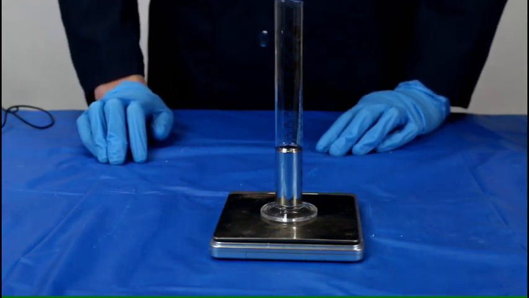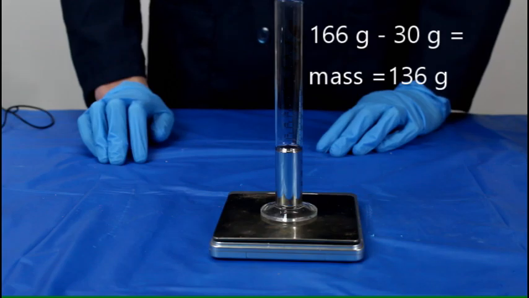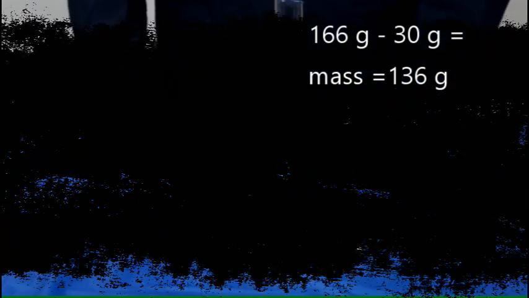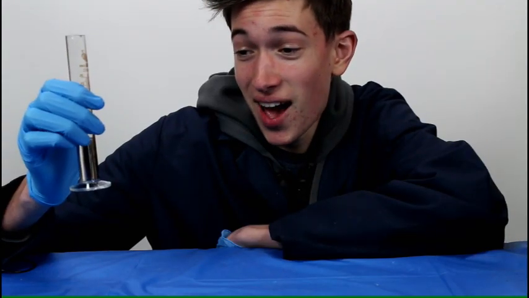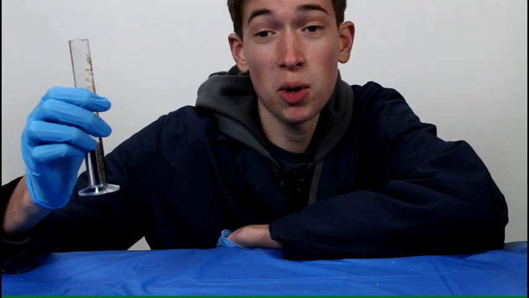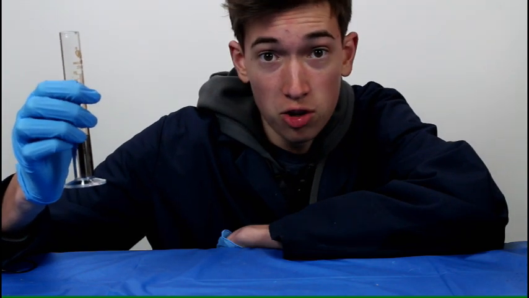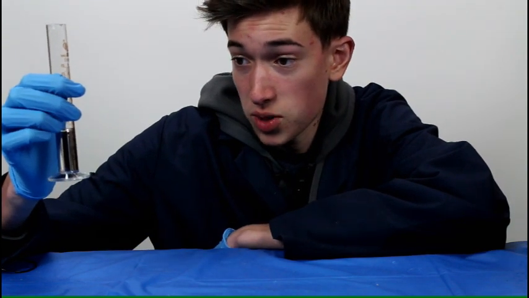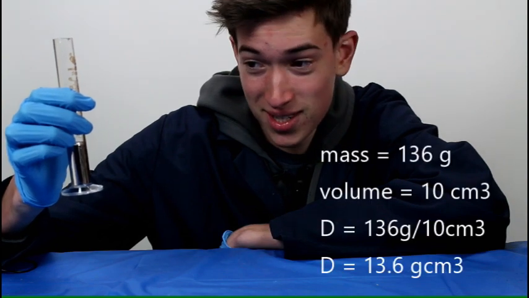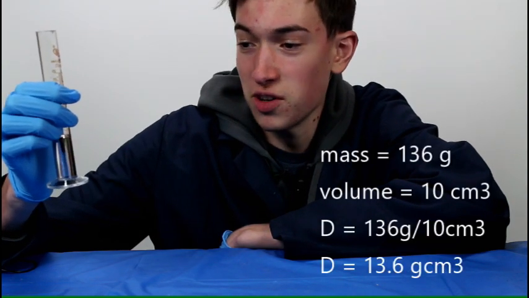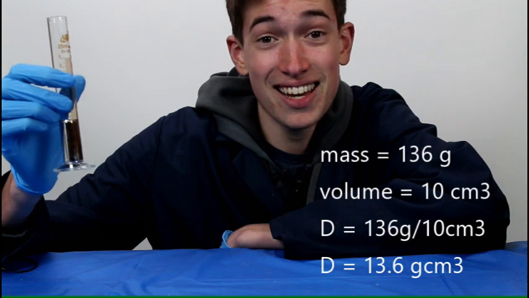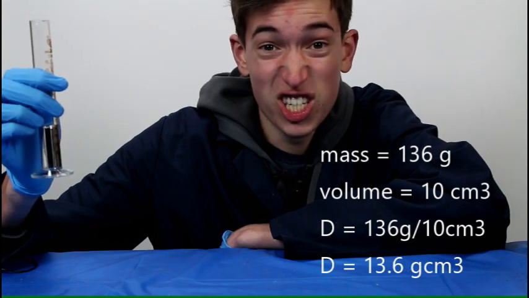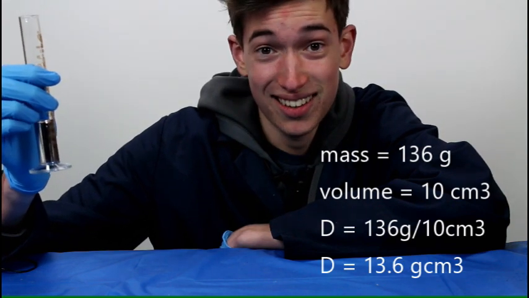That means the mercury inside weighs about 136. Now we can figure out the density of mercury. We know that the volume is 10 milliliters, or 10 cubic centimeters, and we just figured out that the mass is 136 grams. So if we just do some simple division, we can figure out that the density of mercury is around 13.6.